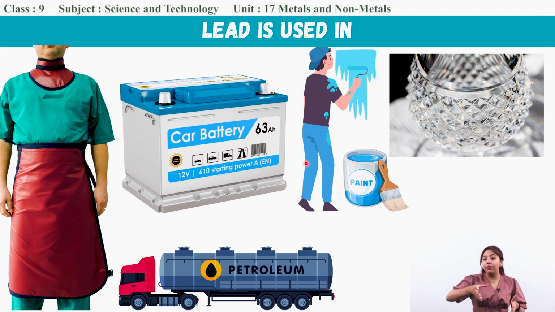How? If we eat food from utensils like lead crystal glass, we may intake lead in certain amounts. Not only that, when we burn petroleum while we are driving our automobiles, we may intake lead through the fumes it releases.